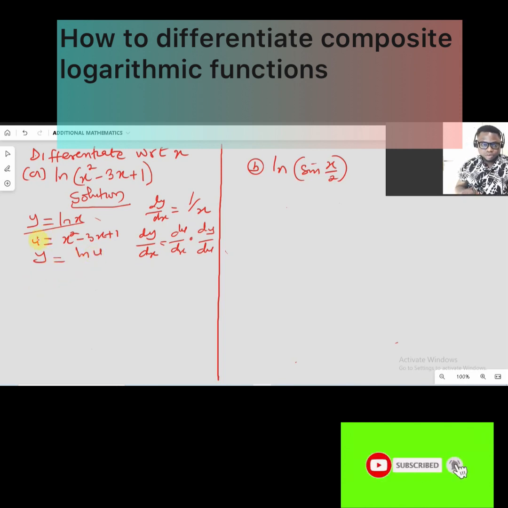So doing that for the first expression, I'm going to write du over dx. Then I will use the general formula for differentiation, which is n a x raised to the power of n minus 1.